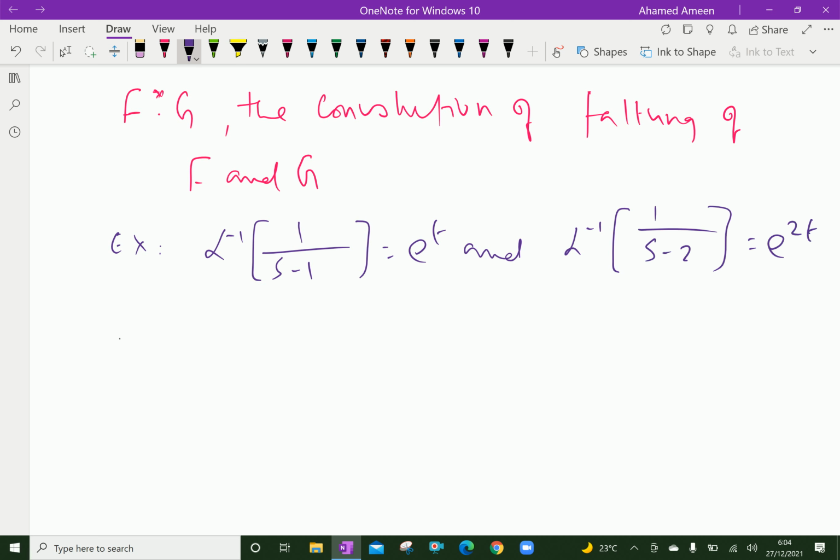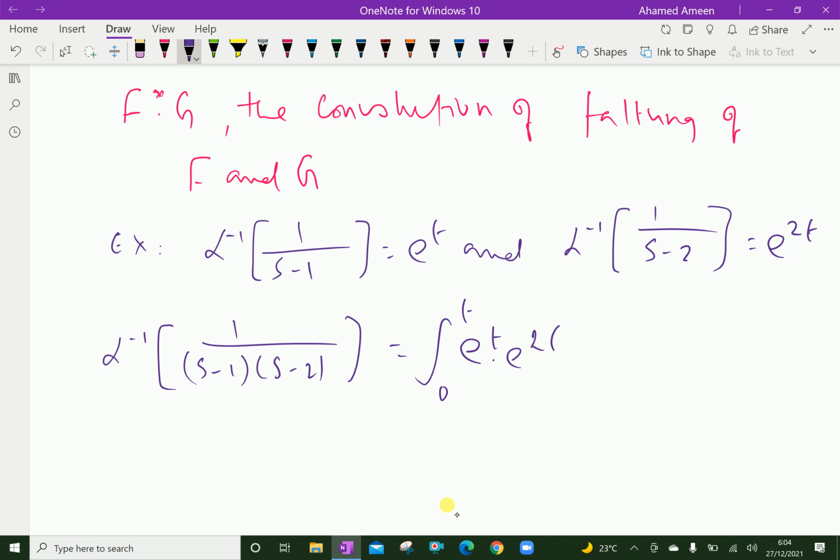By convolution property, inverse Laplace transform of 1 over s minus 1 into s minus 2 equals integral 0 to t of e power u into e power 2 into t minus u du, which equals e power 2t minus e power t.